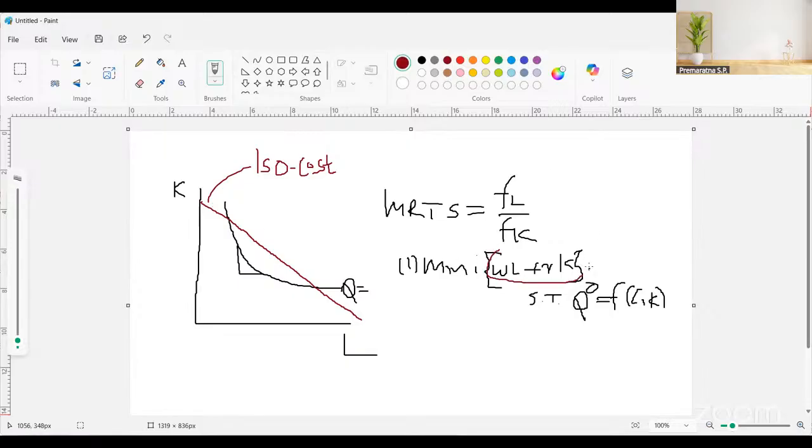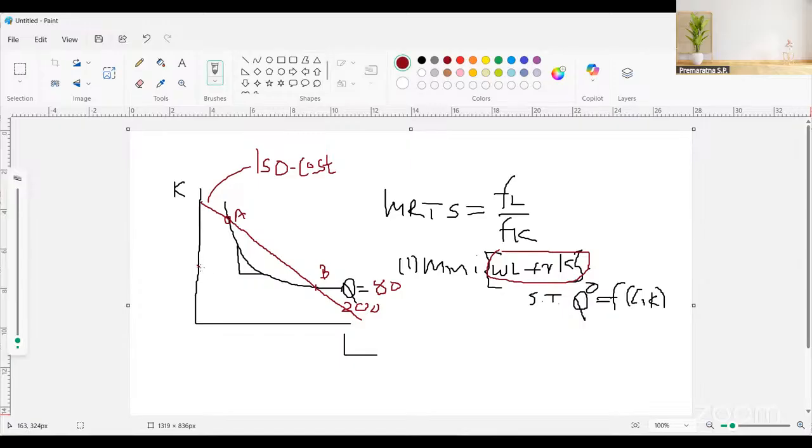So the producers try to minimize this cost. Let's say this is 200. They try to produce a given amount of, let's say, 80 units. If you look, this is possible here, A and also B, but the producers attempt to produce at minimum cost.